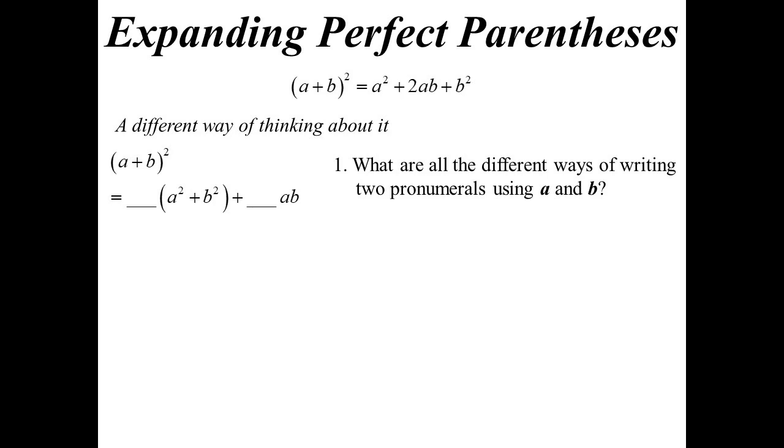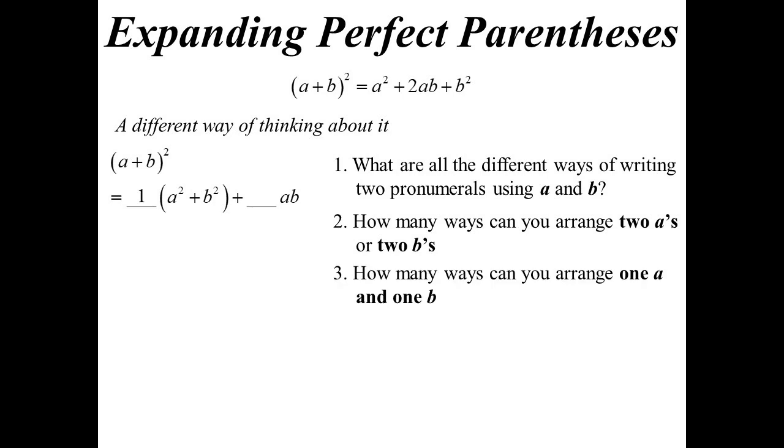I'm not concerned about the order here. So ab. Well, how many ways could we arrange 2 a's, or 2 b's for that matter? Well, there's only 1. So I must have 1 a^2 and 1 b^2. How many ways could I arrange 1 a and 1 b? Well, that's 2 factorial, the number of ways we could arrange 2 objects.